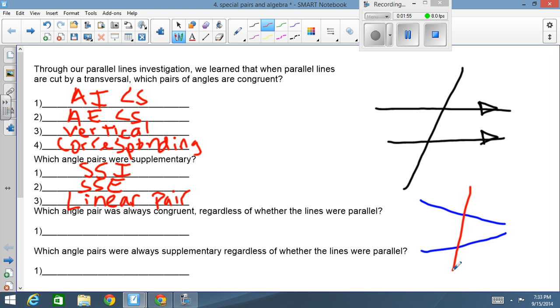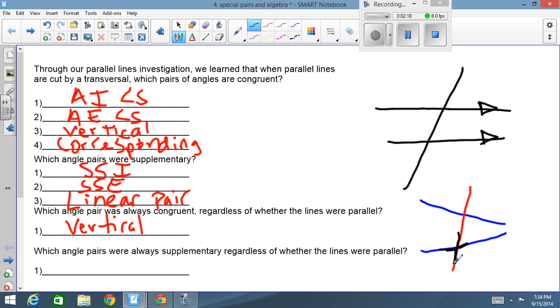And corresponding angles are not congruent in that case. The only pair that is still congruent even in a situation like that are the vertical angles. That would be a situation like this angle and this angle. Those are vertical and those are congruent.